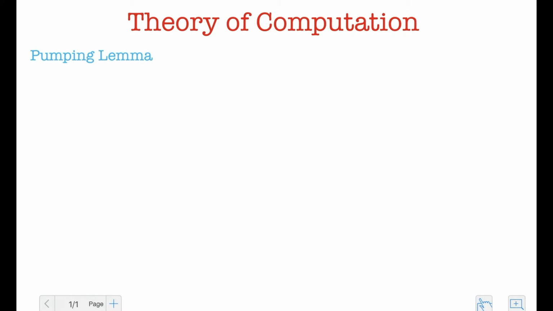We'll look at the statement of the pumping lemma in just a bit, but there's one thing I want you to keep in mind, which is that the pumping lemma can be used to show that a language is not regular, but it cannot be used as a proof of regularity.